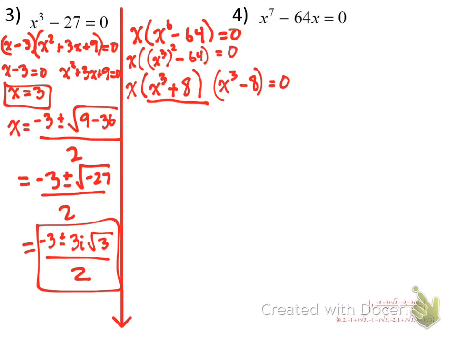This is called a sum of cubes. Sum of cubes. Let's all repeat. Sum of cubes. Okay, this one next to it is called a difference of cubes. What's the one right above it called? Difference of squares. Difference of cubes. You all see the difference in the differences?